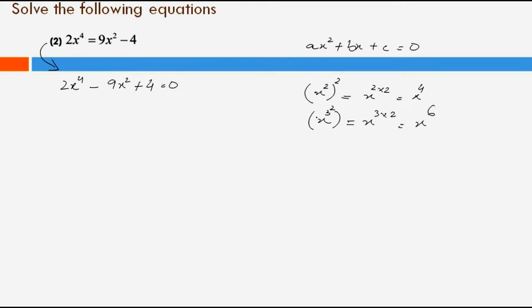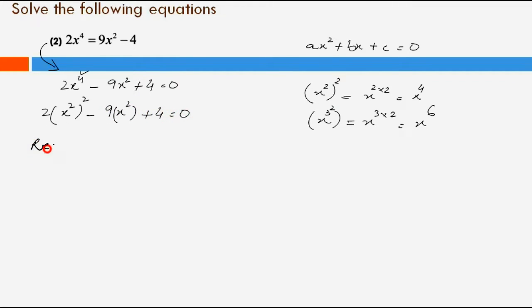Whenever we have a variable with double power, these two powers will be multiplied with each other. So we can write it as 2x square square, then it will become 2 2s are 4, minus 9x square plus 4 is equal to 0.